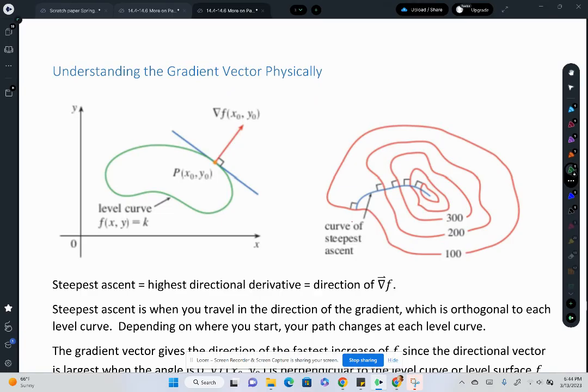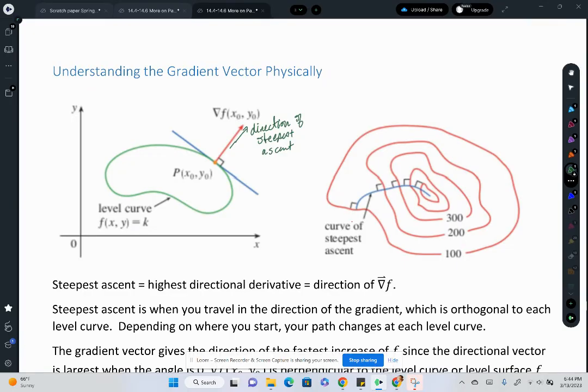And it will point in the direction of steepest descent. So that's what this picture is doing right here. So this right here is the direction of steepest descent.